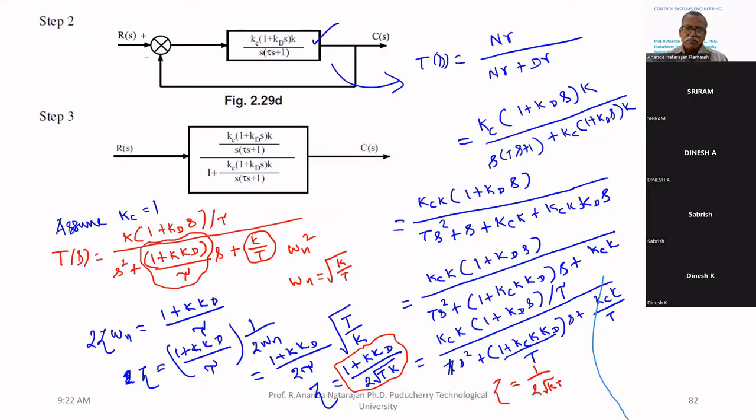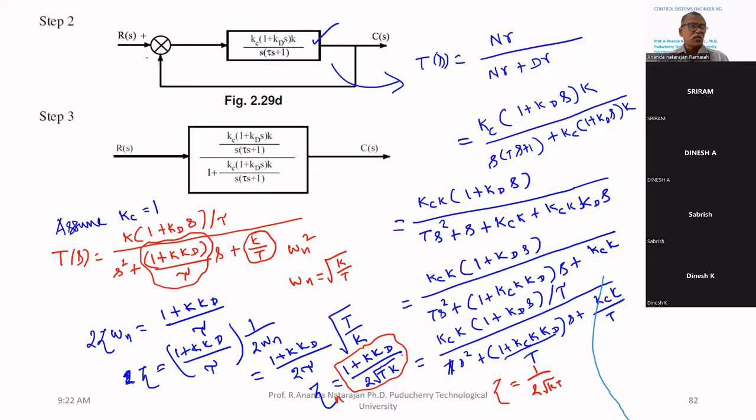New zeta is 1 plus K KD upon 2 square root of KT. So zeta can be modified. How much is it increased? 1 plus K KD times increased. By selecting an appropriate value of KD, we can select zeta. So derivative controller can fix zeta.